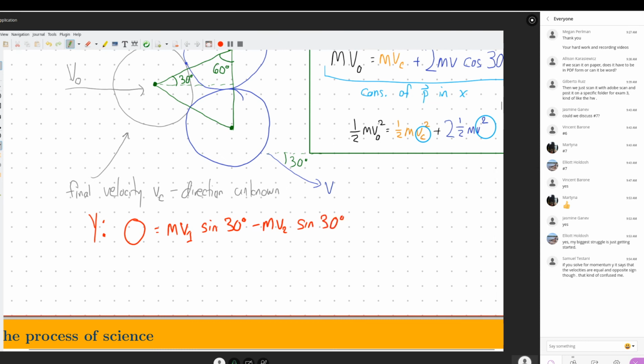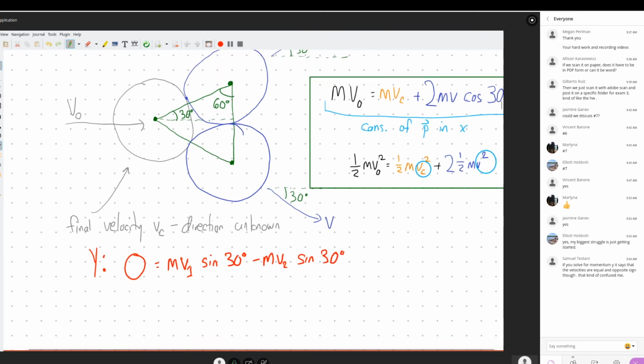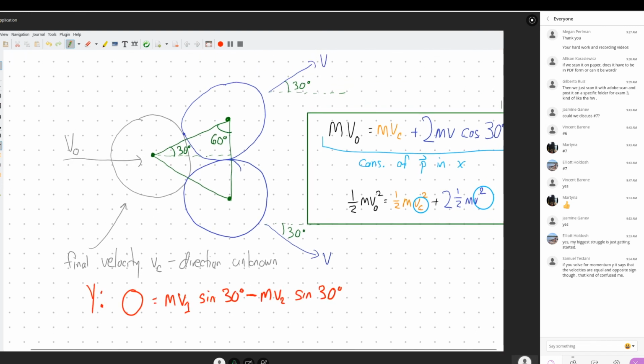Once I write sine 30, this has got to be a minus sign where v1 and v2 are referring to their y components. So I'm thinking about this where v1 is the top one, v2 is the bottom one. That gives me this minus sign right here when I'm calculating the y component, and that just tells me v1 equals v2.